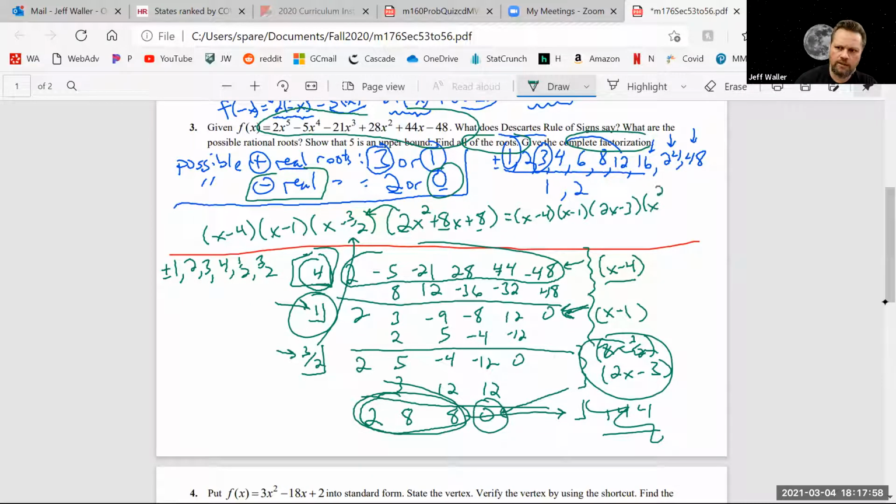Yes. This would be x minus 4, x minus 1, 2x minus 3. And then this piece, can you factor this piece? There's one more number people got to work. How do you factor that? Plus 2, plus 2. Okay, I like it. So we actually ended up with the maximal.